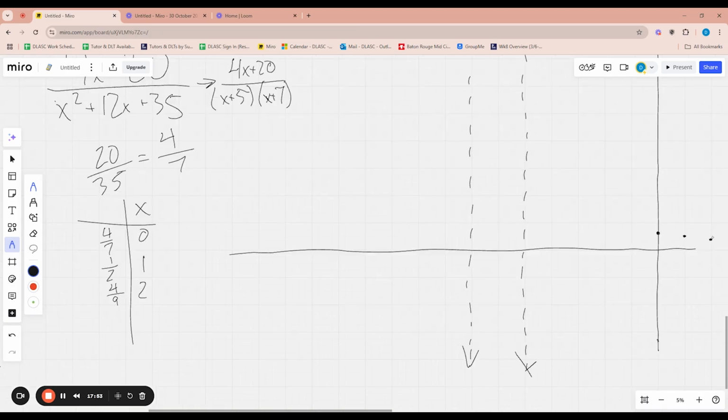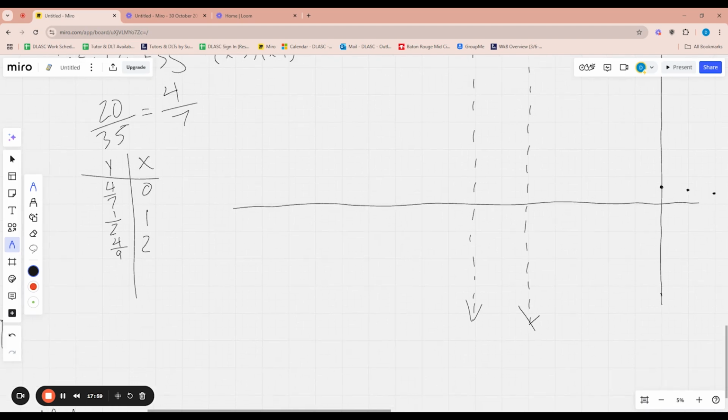So we can see where that graph is going. But now we can get into the real meat of the show. So we're going to do a -1.